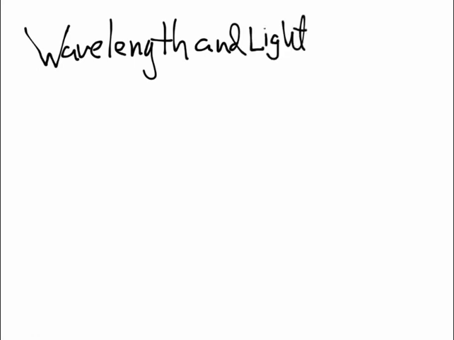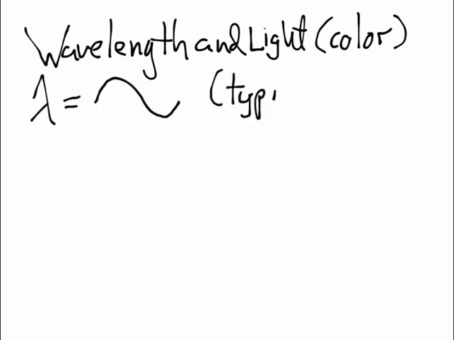Okay, so let's think about wavelength again, but specifically with light, because light's the easiest way to think about wavelength. We're used to that one. Now remember that the wavelength of light is related to its color. It's the period of one electromagnetic wave, and we typically measure it in nanometers. So 1 nanometer is 10 to the minus 9 meters.